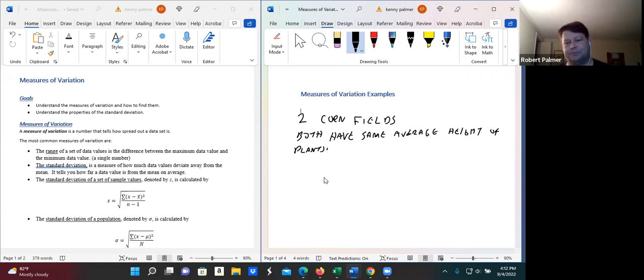The first one is called field number 1. So here's the average height right here.